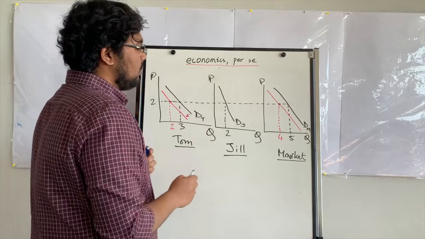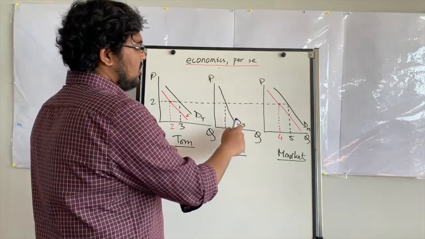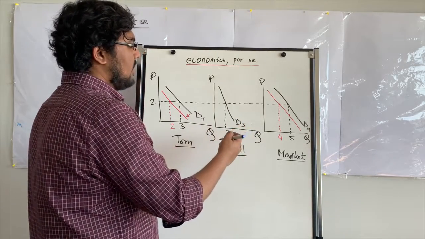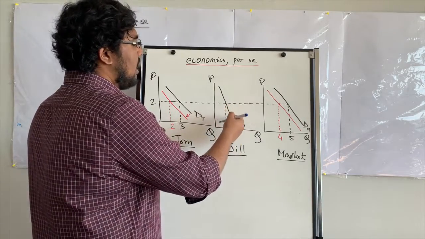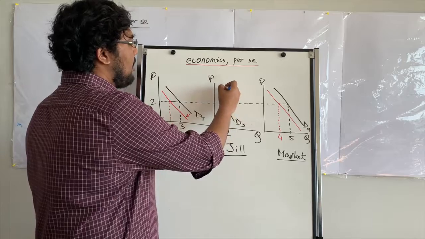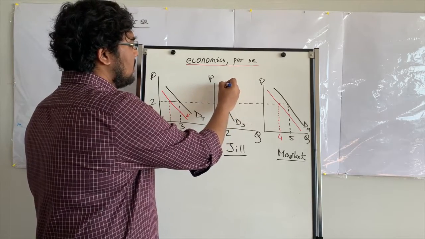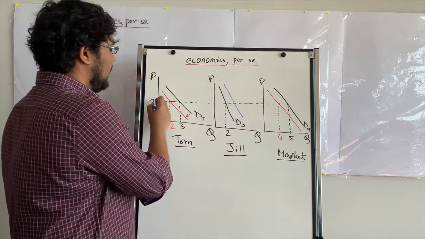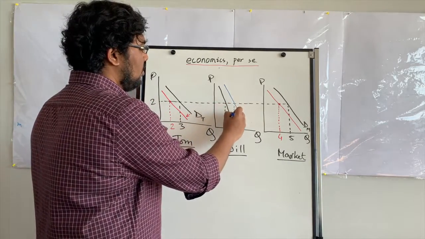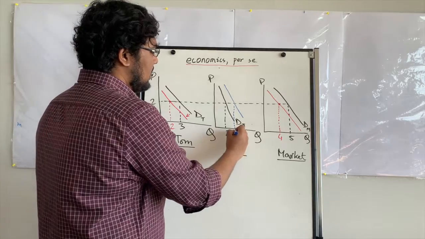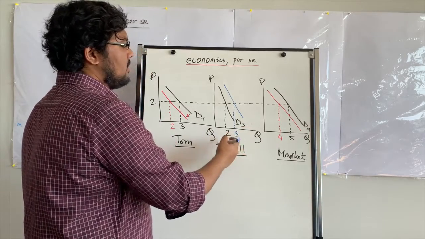The opposite would happen if, let's say, Jill has suddenly grown a taste for apple, and her demand for apple increased at this given price of $2 per kilogram to, let's say, 3 kilograms of apples.